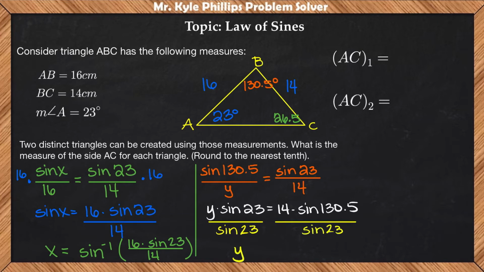So now we know that y is equal to this fraction here. So I have 14 times sine of 130.5, and I'm going to divide that by sine of 23. So AC1 is going to be 27.2.